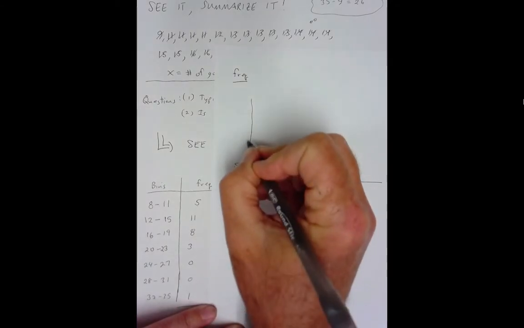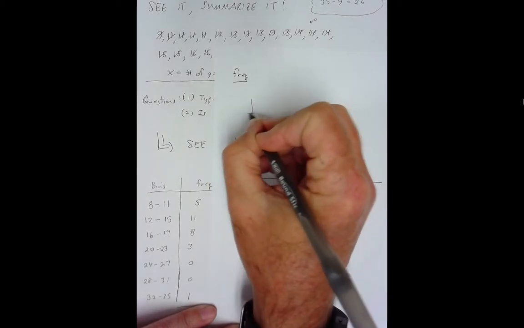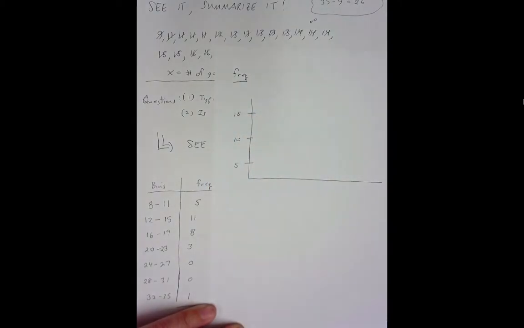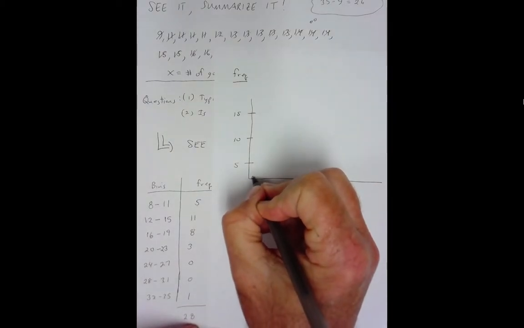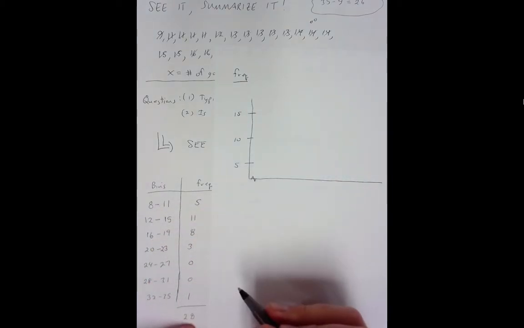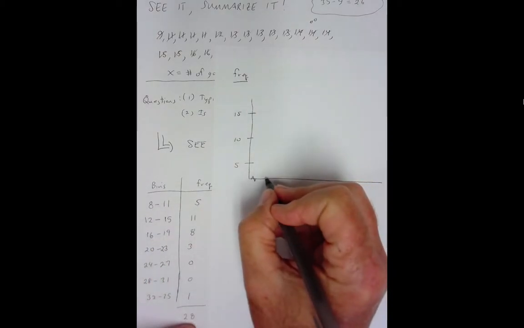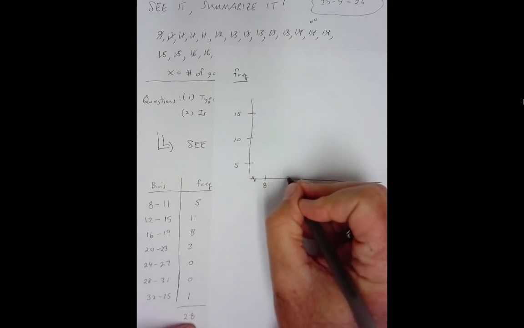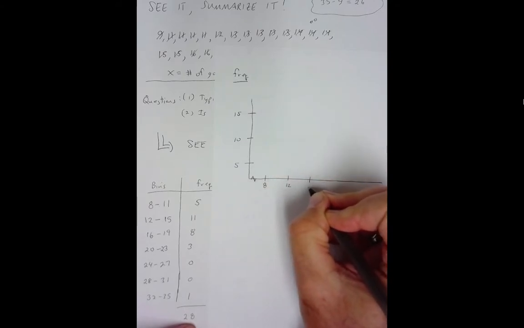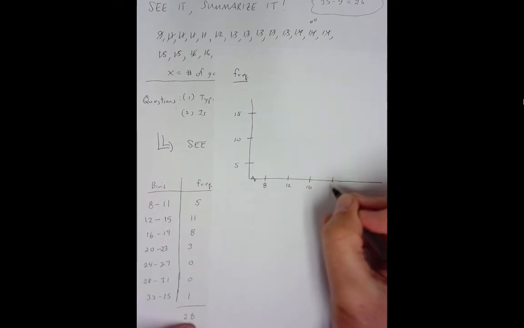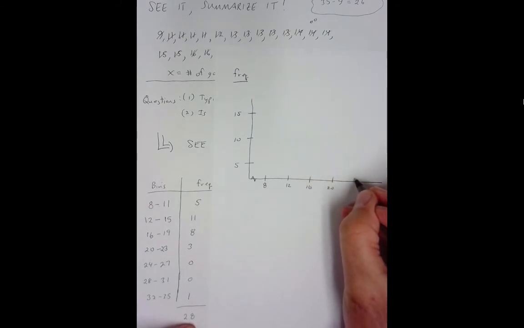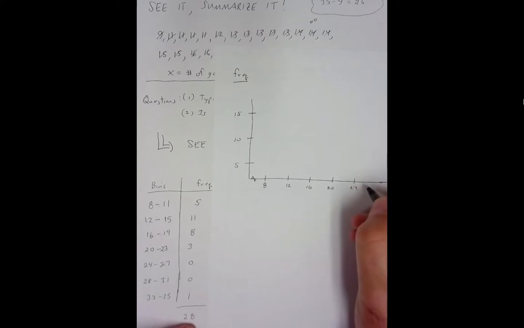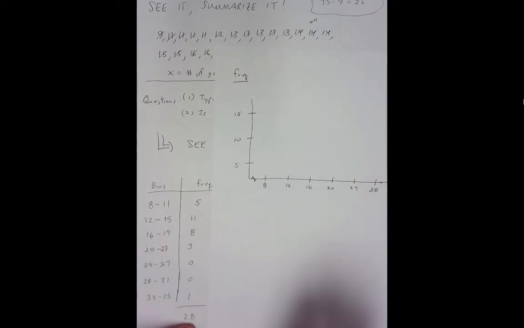I'm going to accommodate the vertical axis with my frequencies, and I can see that my bins, and I'm going to come in here and break this up because it's not going to be symmetric, will range from about an 8 to a 12 to a 16 to a 20 to a 24 to 28, 32, and we need to go to 36.